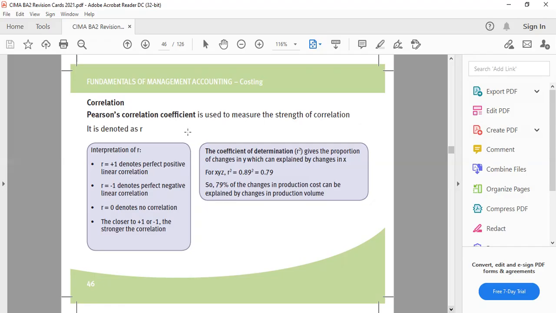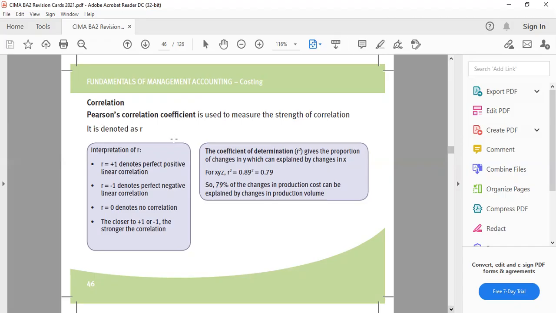Then we have the coefficient of determination. R square gives the proportion of changes in Y which can be explained by changes in X. See here in this example for XYZ, R square is equal to 0.89 square, which is 0.79.